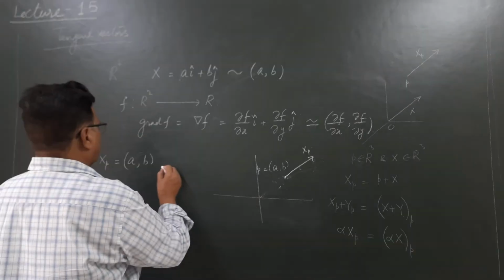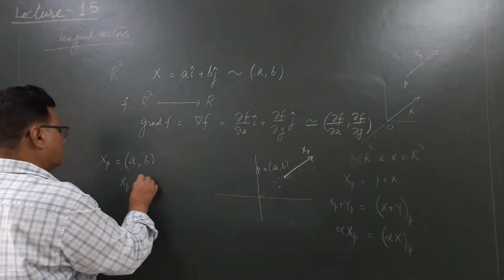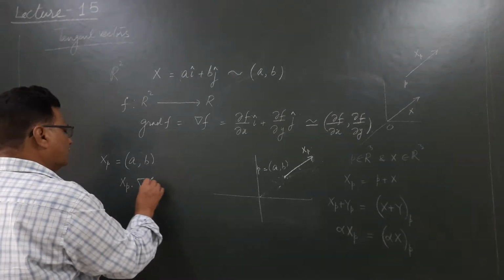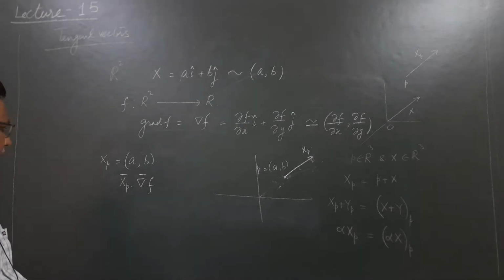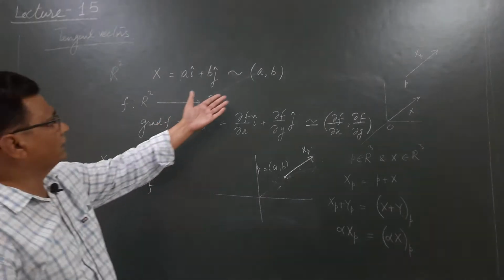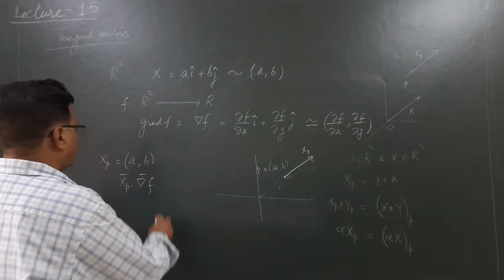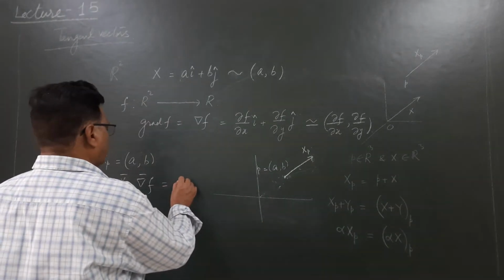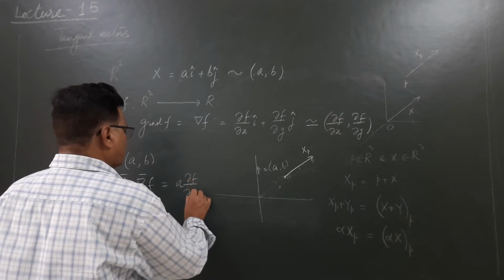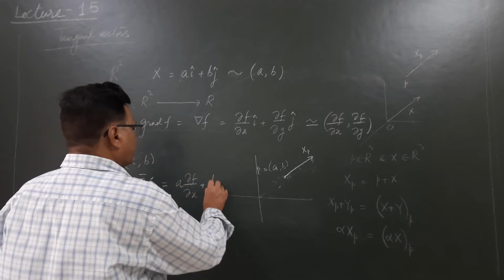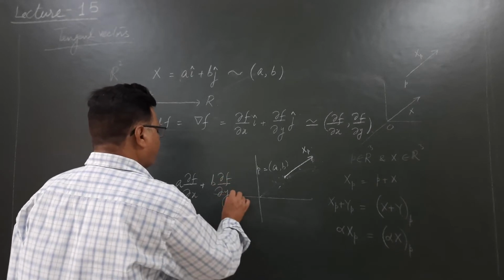Del f is this vector, so I will consider Xp dot grad f. Okay, I am taking the dot product of these two vectors. So the dot product of these two vectors will be a times del f upon del x plus b times del f upon del y.